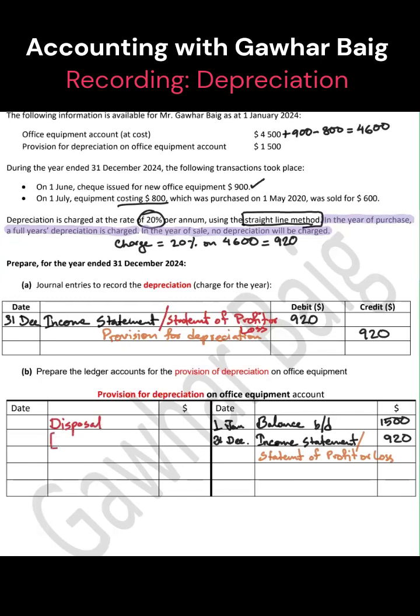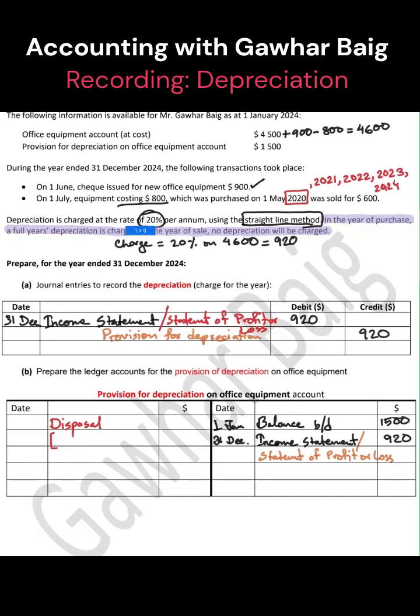As for the calculation, let me show it in this working part. Since we bought the equipment on 1st May 2020, we are using it basically for the year 2020, then 2021, 2022, 2023, and 2024.